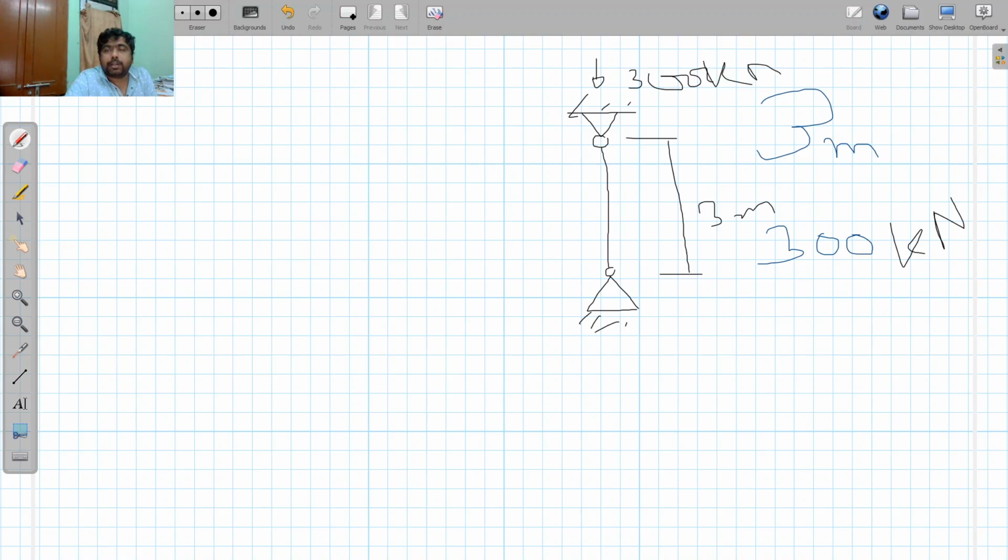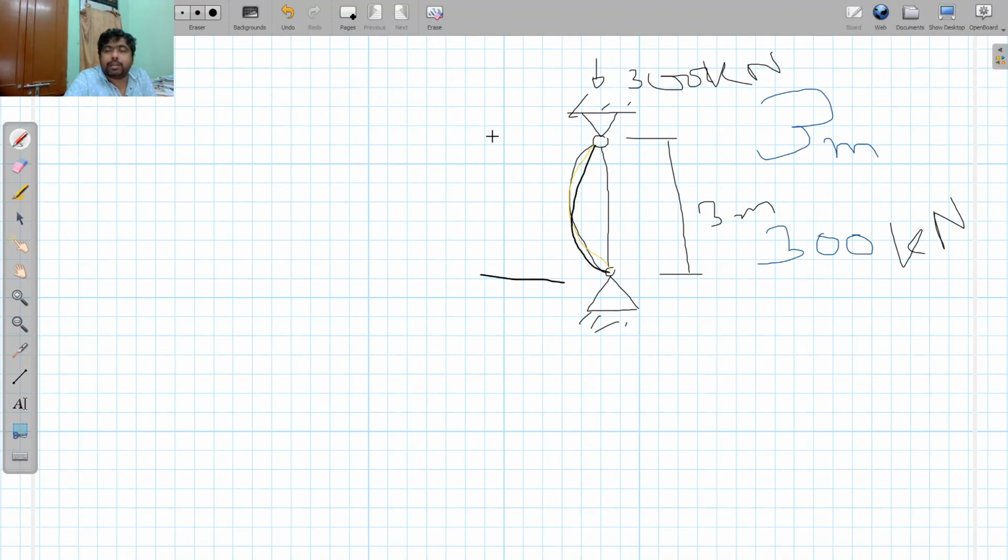300 kilonewton. Effectively held in position means this position is fixed, it cannot go up and down, but not restrained against rotation. So horizontal movement is permitted. That means it will start bending from here, right? So bending will be from this location to this location. That's what we have discussed earlier. In this case, what is the effective length?